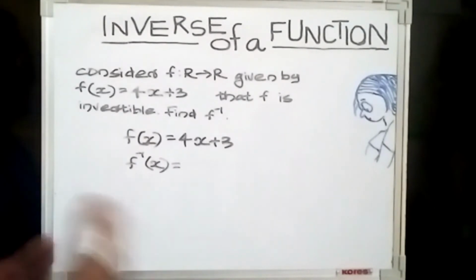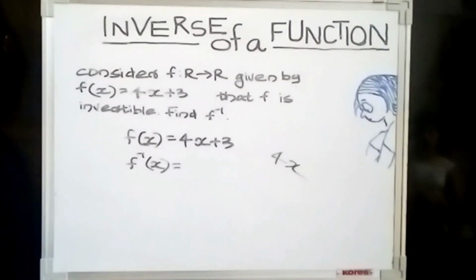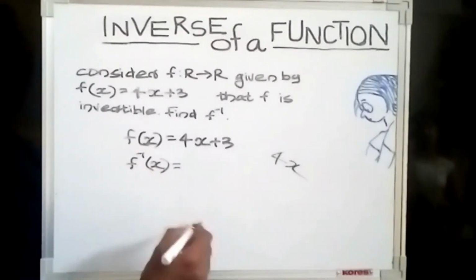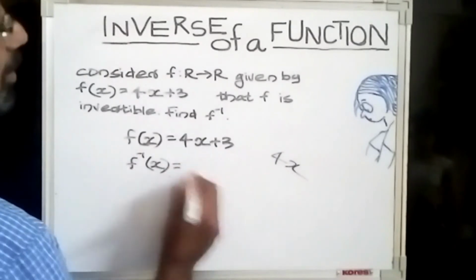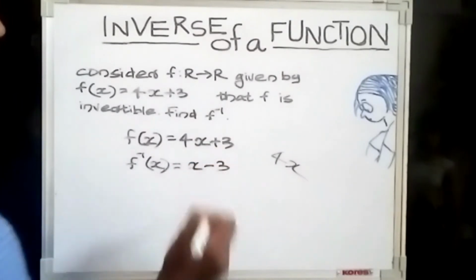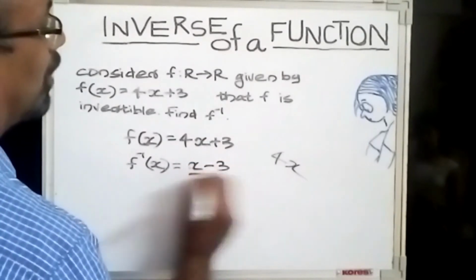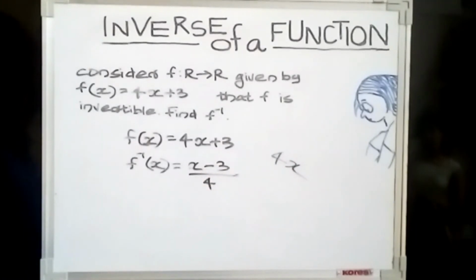And again, to get x, we have to divide it by 4. Thus, the action under f inverse is that we first subtract 3 and then divide by 4. Then f inverse of x equal to x minus 3 divided by 4.